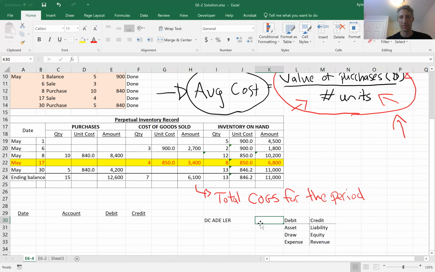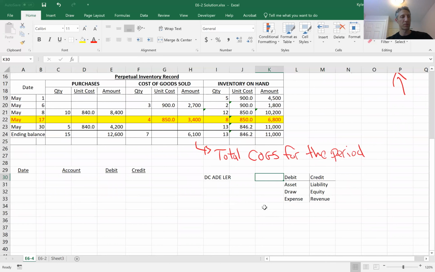What this shows is the normal balance for every account type. DC Adler, the normal balance for every account type. To increase an asset, I debit an asset. To increase a liability, I credit a liability. If I want to decrease any of them, I do the opposite of what is shown here.